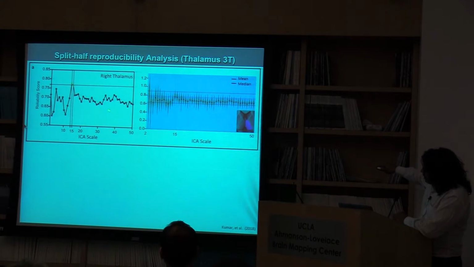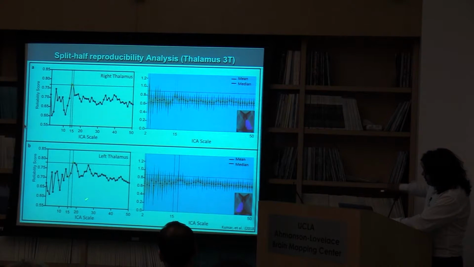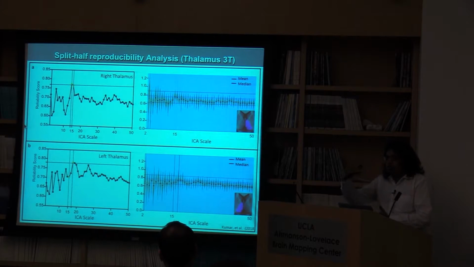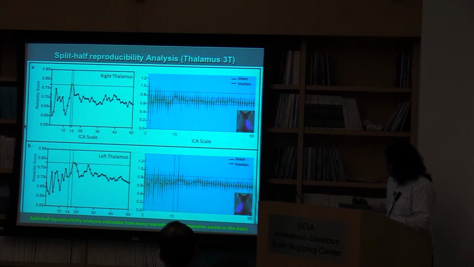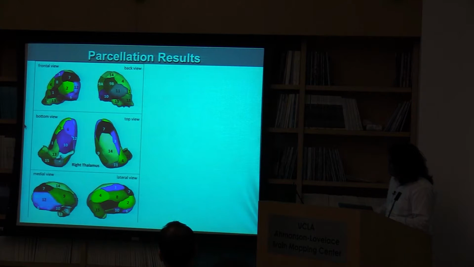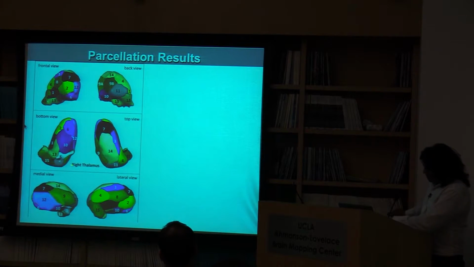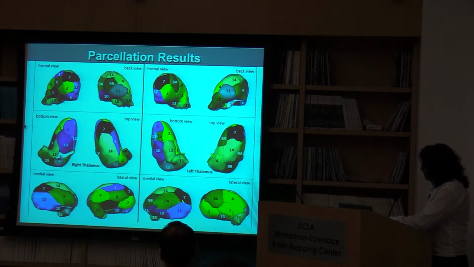For the right thalamus, we found 15 parcels showed peak reliability score, and for the left thalamus, 17 parcels showed peak reliability score. Then we visualized the most stable functional configuration, and the results are shown here for the right thalamus and for the left thalamus.